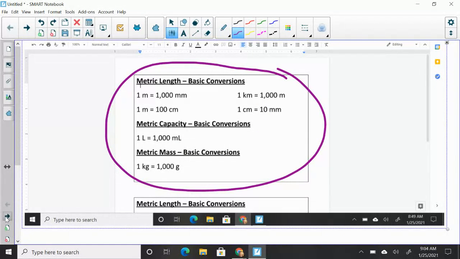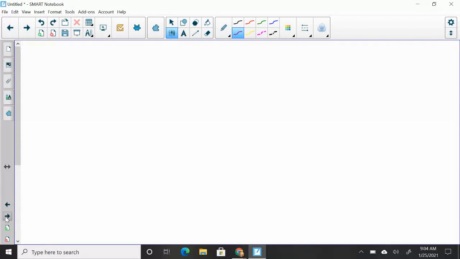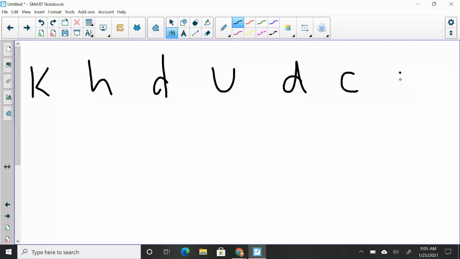Now, there's also a different way that you can think about this, and that is using the metric chart, which you had a video on last week. So it was King Henry died unusually drinking chocolate milk. Okay, if you remember that. This stands for kilometers, kilograms, or kiloliters.